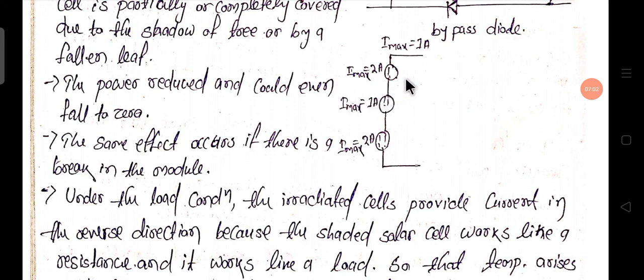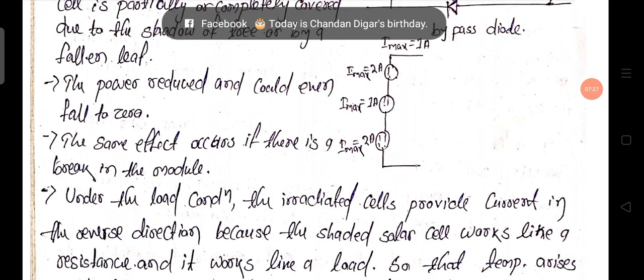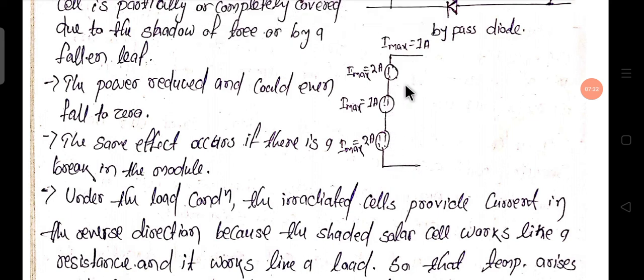Okay, in our series circuit, the current that flows in this series circuit is 1 ampere. From the circuit, the weakest solar cell produces a certain amount of current, and that current is considered the flow in the series connection circuit.